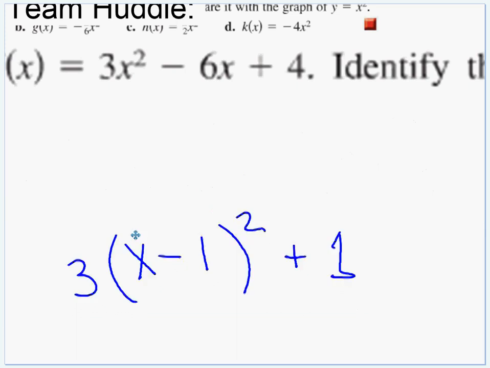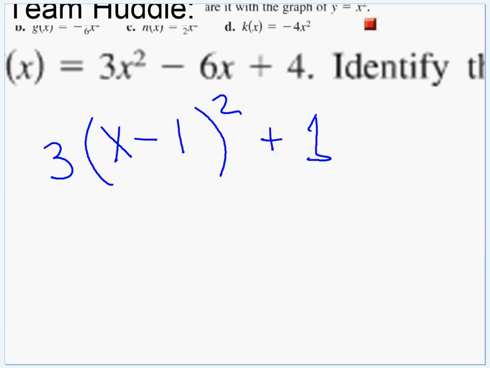It should be simple to pick out the vertex. V for vertex. I look at this as a negative 1, so that will change to a positive 1. And this, we keep the sign the same, positive 1. So our vertex is at 1, 1.